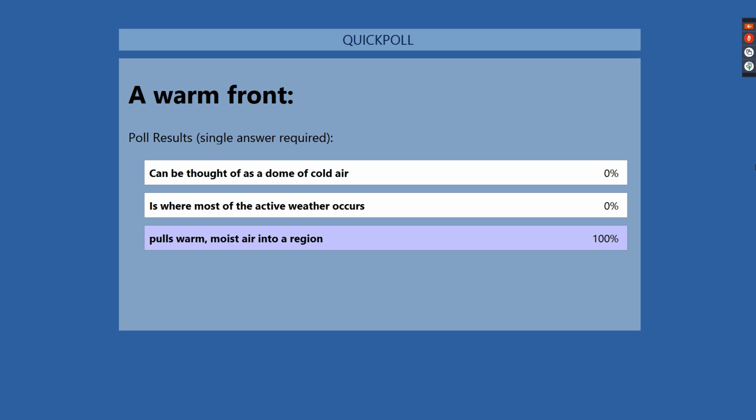So let's share the results. Very good. Fantastic. All right, warm front pulls warm, moist air into a region. What can be thought of as a dome of cold air? Well, cold front. I should say dome of air. And then most of the active weather actually occurs along the cold front as well. Very good.